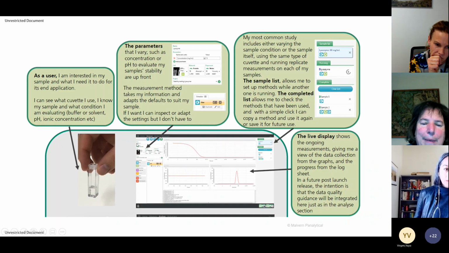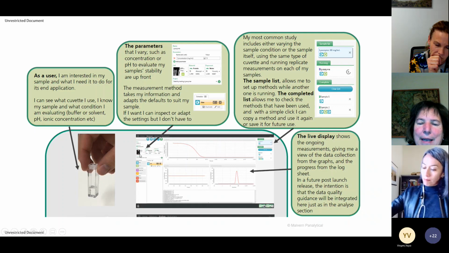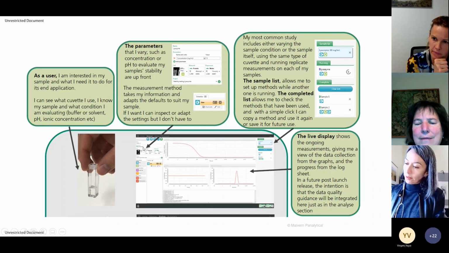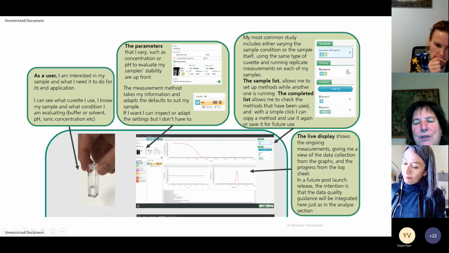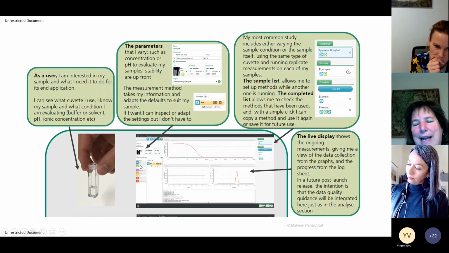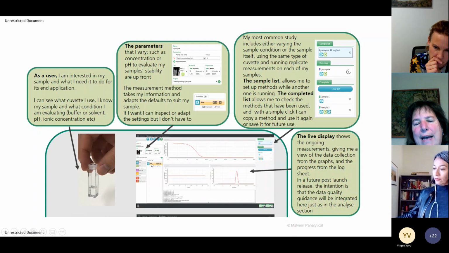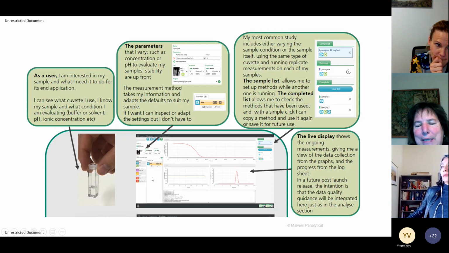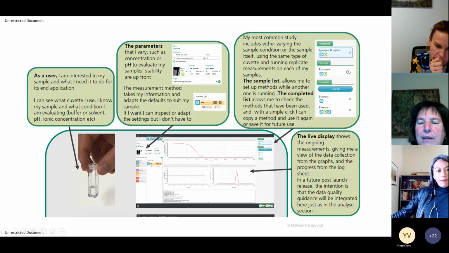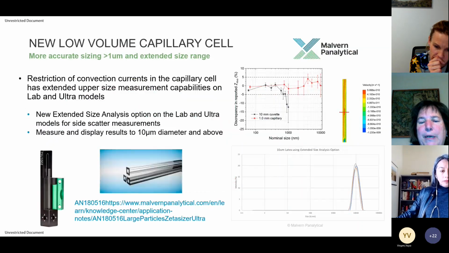It's a little bit small, but basically you type in a sample name, pick the cell, which determines what measurements you can make with that cell. And then you just pull that measurement, whatever kind you want, into what's called a method builder. You can stack those measurements in this method builder. It won't just do one thing, it can do multiple things. And then you hit the green play button, and that's pretty much how the new software runs.